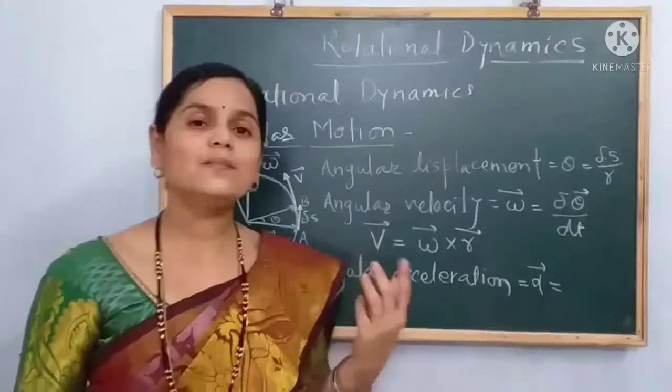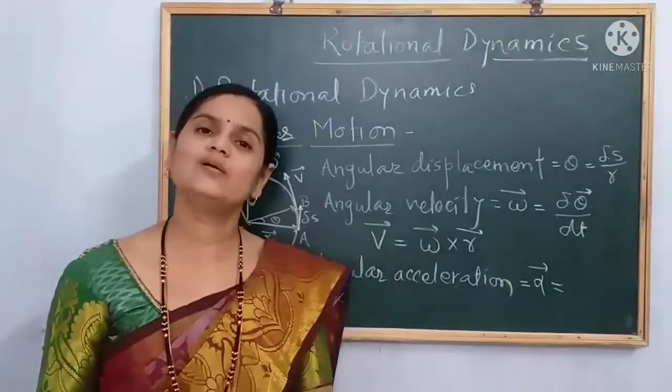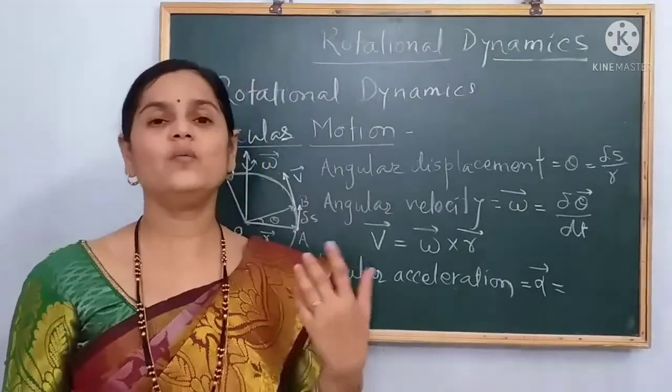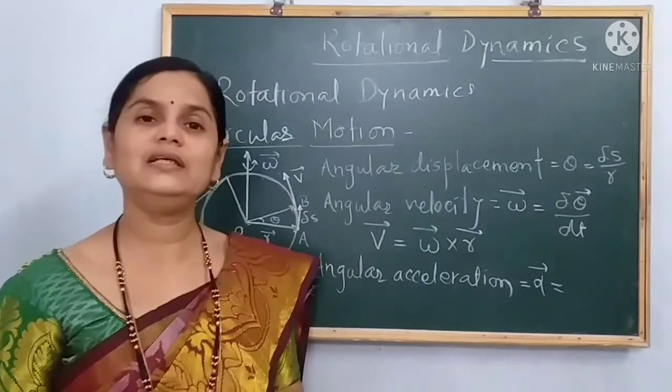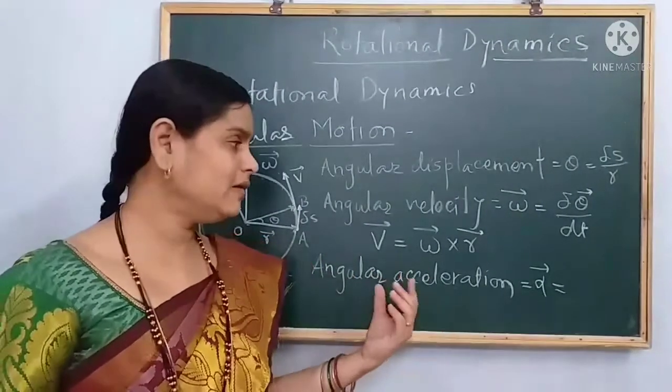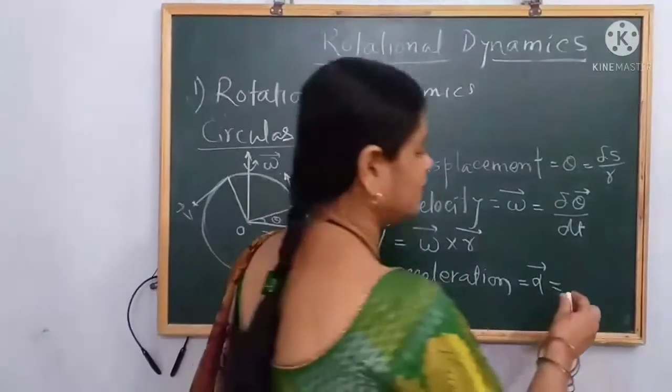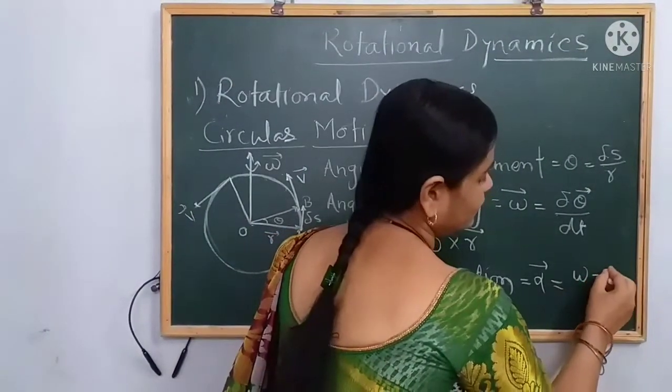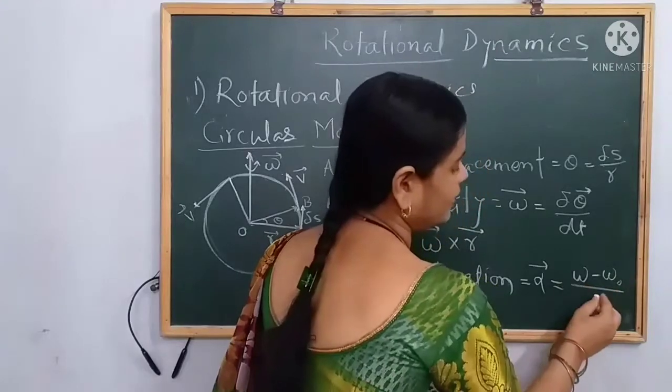Suppose omega 0 is the initial angular velocity, omega is the final angular velocity, and within the time t the change is omega minus omega 0 divided by t.